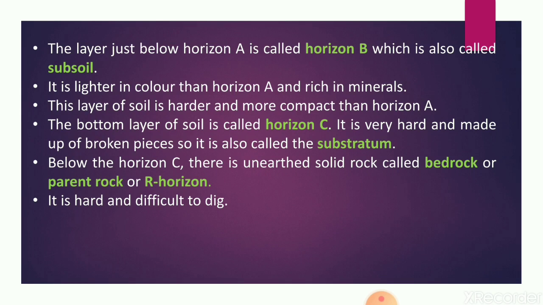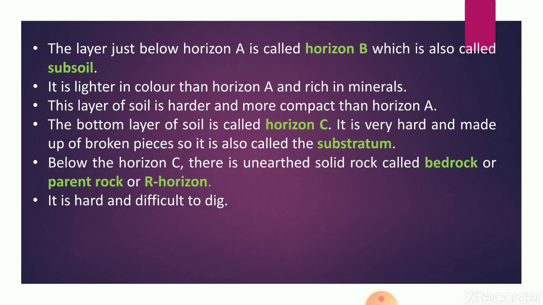And most of the minerals which are in horizon A seep down with water into horizon B. So horizon B, or subsoil, is rich in minerals. It contains some metal salts, especially iron oxide, which is present in great amount. Farmers often mix A horizon and B horizon together when they are preparing a field for crops.